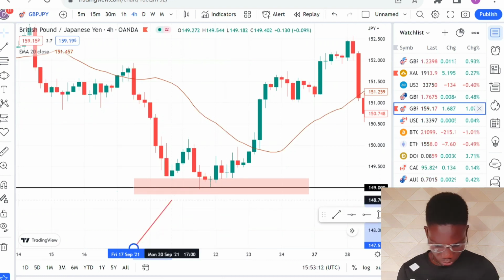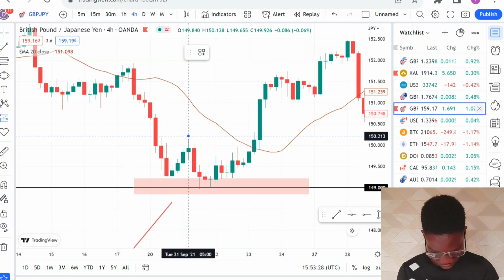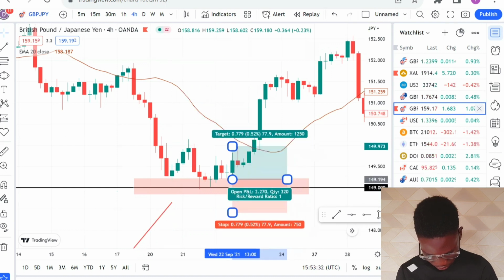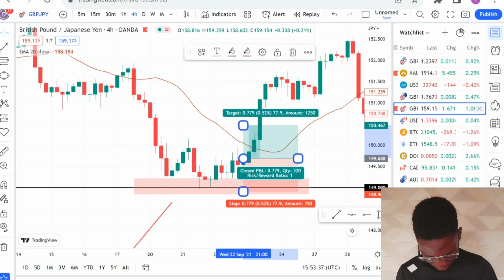In this particular setup, as you can see, there are many multiple rejections at the psychological level before the initial break to the upside. So, after the confirmation, you can easily enter a buy here.